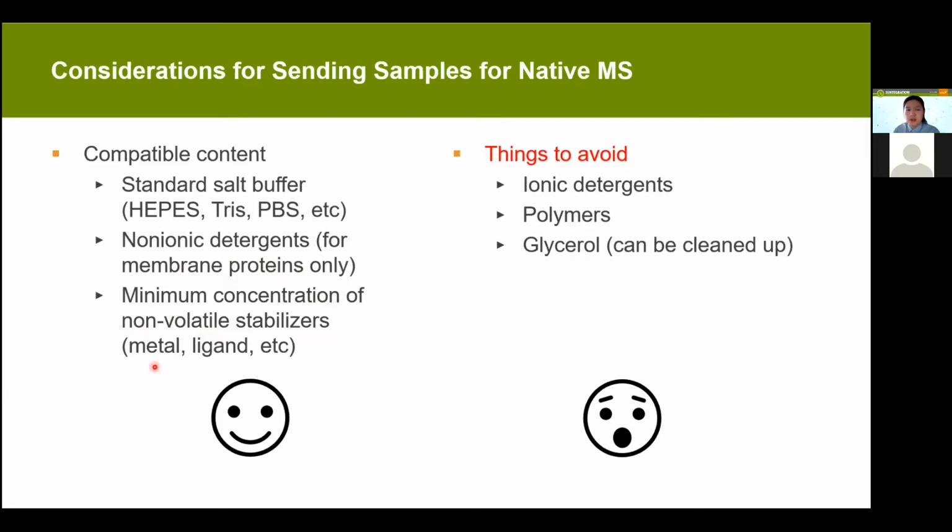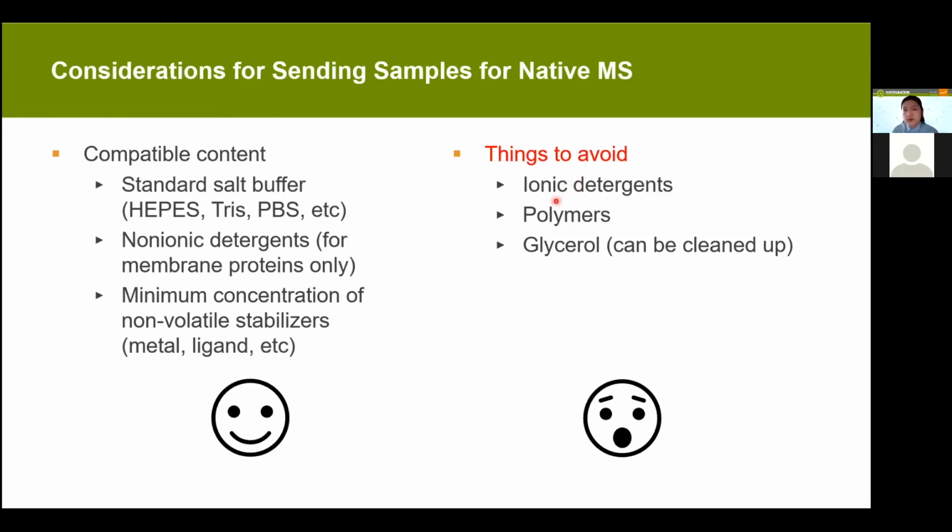Some proteins may require some cofactors or some metal ions to stabilize itself. We can deal with relatively low concentration, maybe up to millimolar, but not anything higher, and it will actually cause some problem if you have so much of the other non-volatile stabilizers in the solution.